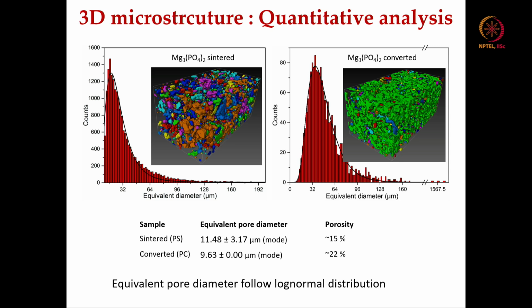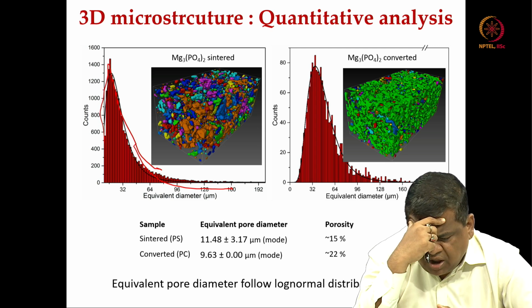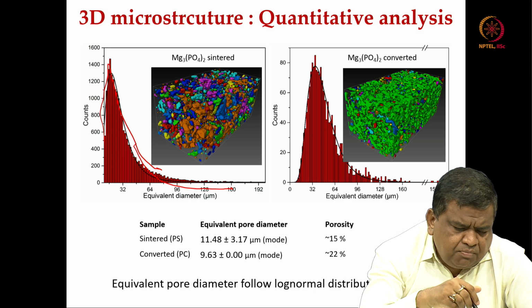This is more on the quantitative analysis of the 3D microstructure, and this quantitative analysis gives you the pore size distribution. You can see that the equivalent pore diameter, that is the mode, is around 11.5 micron, and this is much lesser.